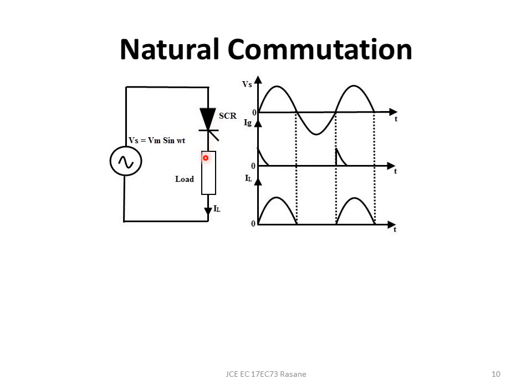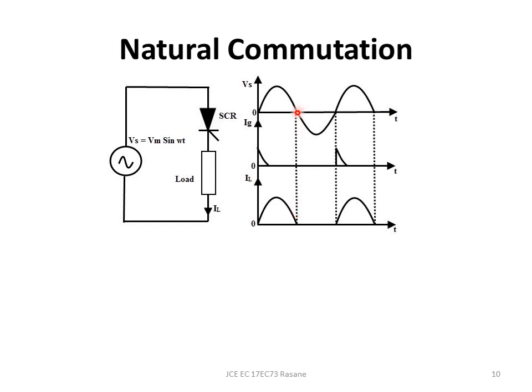Since the current is flowing through the load, I am going to get a load voltage across it. The current will increase as the voltage increases, following the input voltage itself. It will reach a peak, and when the input voltage becomes 0, the current also becomes 0.